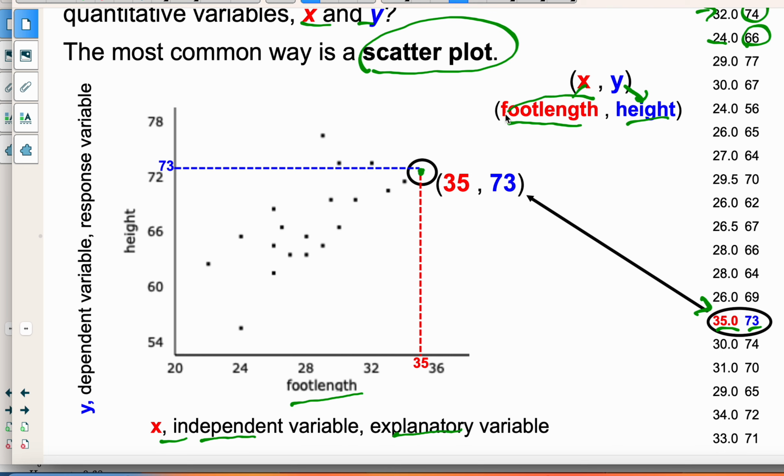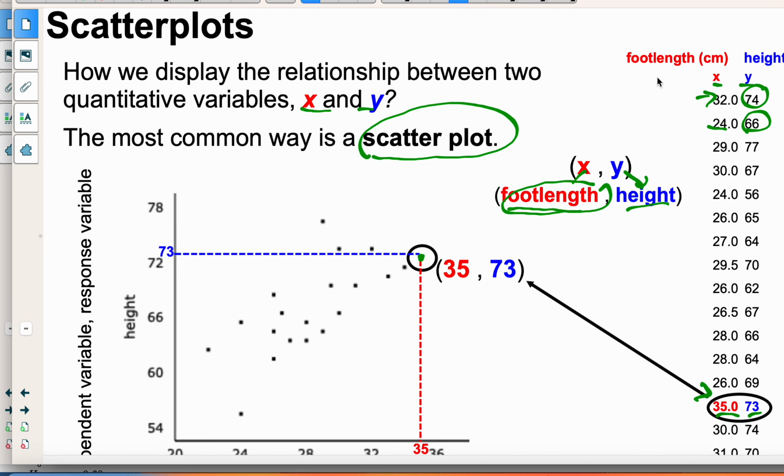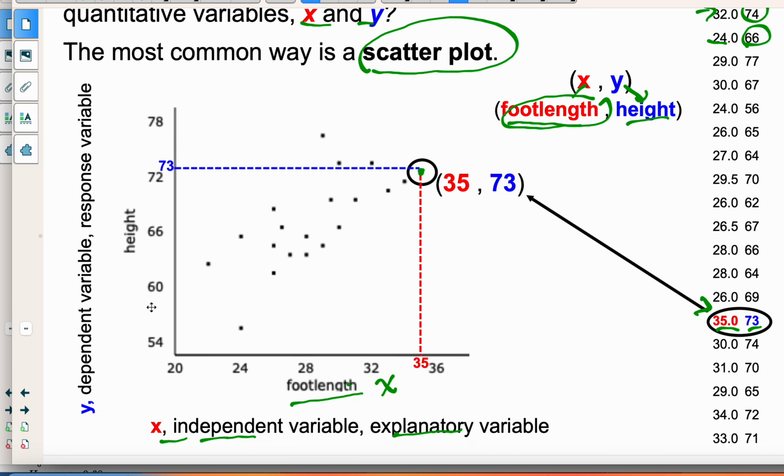We know in this case, x represents the foot length. So this is x. My y represents height here. So this point, 35, 73, just means I come over to 35 foot length, and then I go up to 73 as my height. So each one of these coordinates or ordered pairs is a dot here.